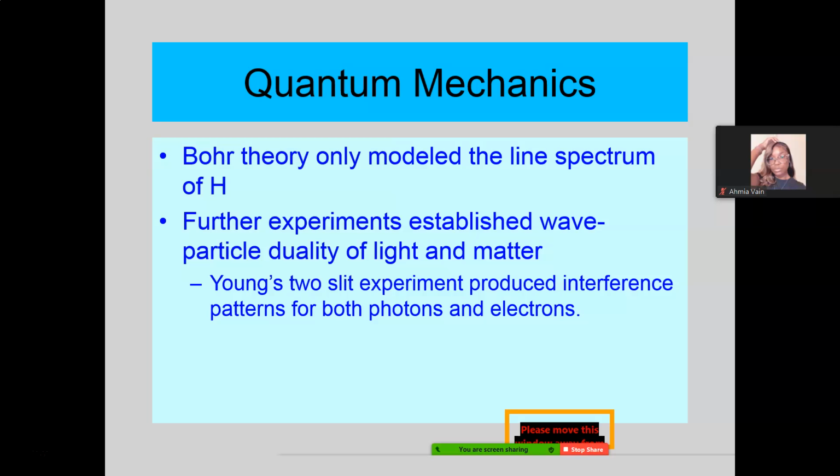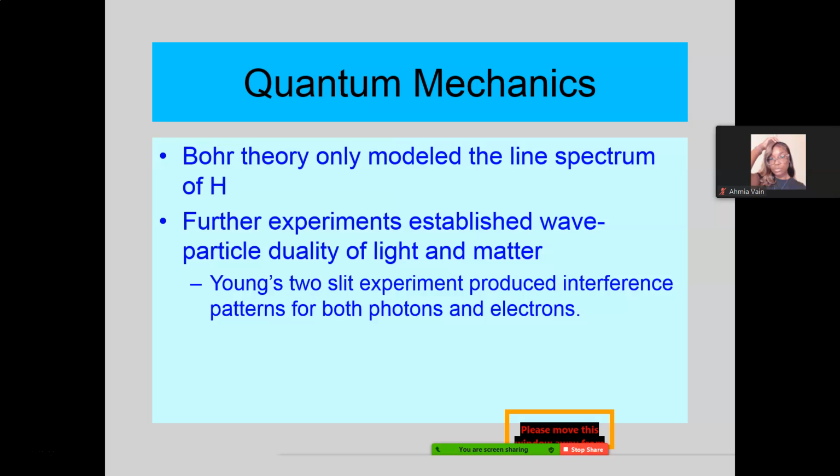Actually, they may have been expecting it, because remember, I think it was Max Planck who said that energy doesn't come along in a continuum, but in little energy packets called photons. And those photons acted like a little chunk of something. It didn't have any mass, so it couldn't be matter, but it acted as if it was matter.